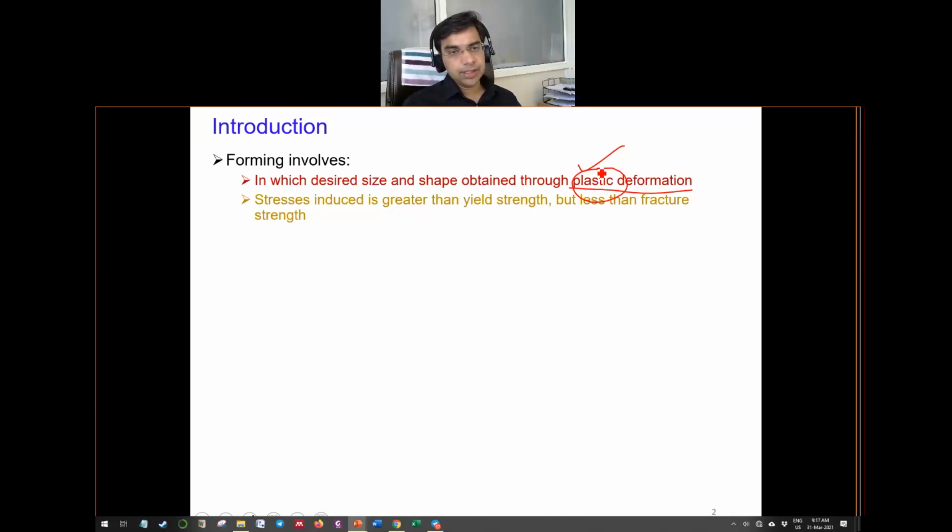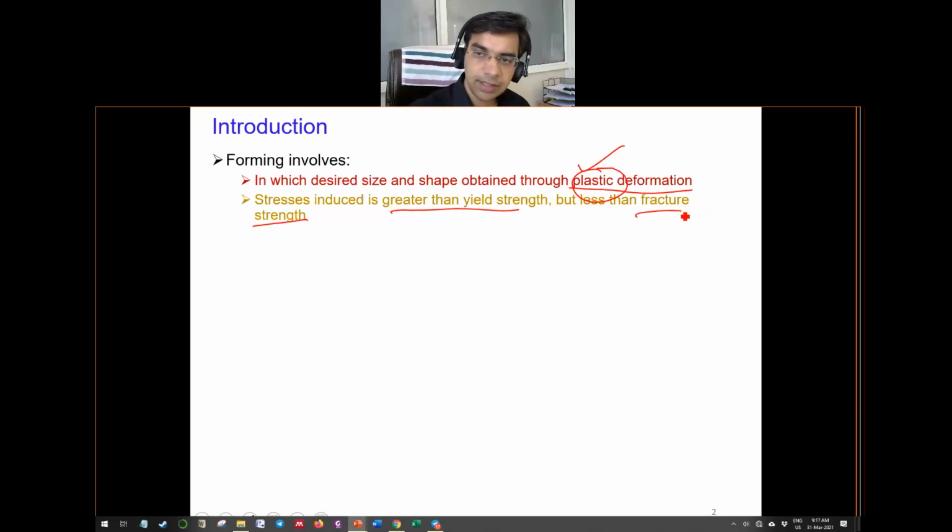Point number two is that the stress that is induced is greater than the yield stress. Yield stress is basically a point of inflection from where the plastic domain begins and we complete the elastic domain. So yielding is when the change in shape starts to become permanent. The stresses that are induced are greater than the yield strength of a material, but less than the fracture strength.